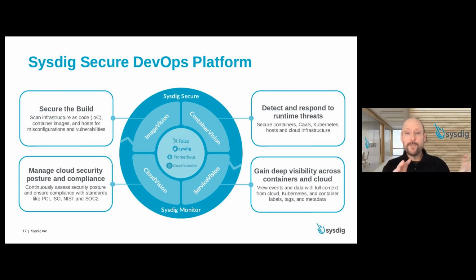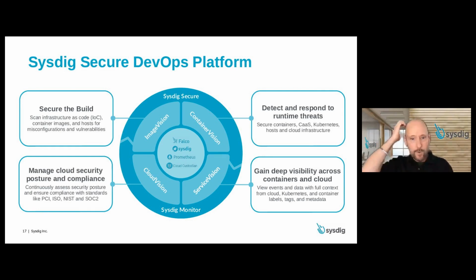So think about the categories here. We can help you secure the build pipeline, scanning the infrastructure as code, the container images, looking for those things that will cause you grief or cause risk to your organization. We can help you detect and respond to runtime threats. You see in the center of the circle there, a lot of what we do is based on open source projects.